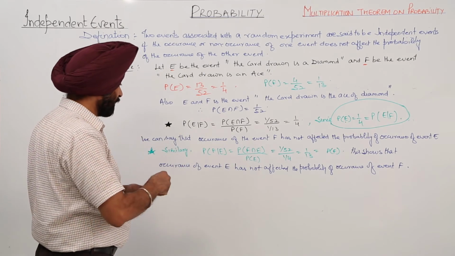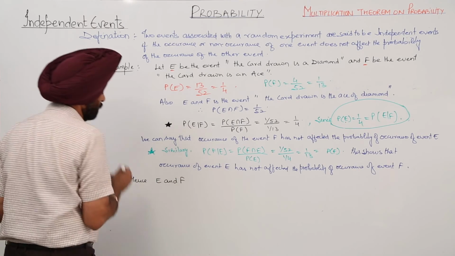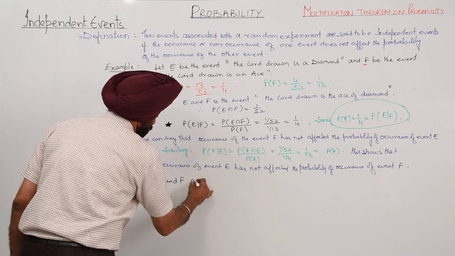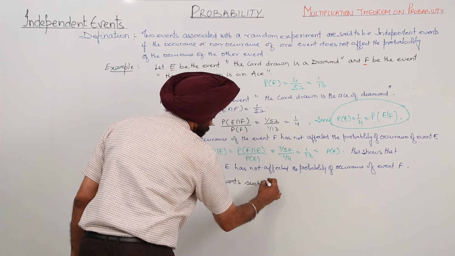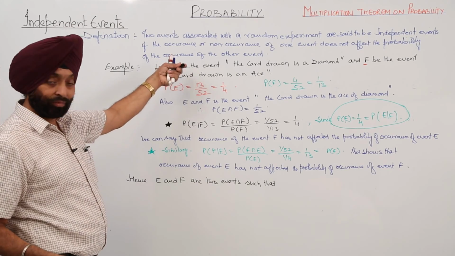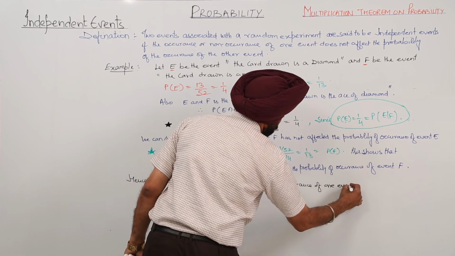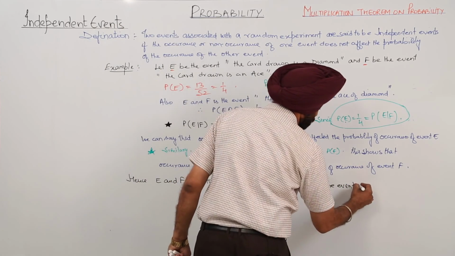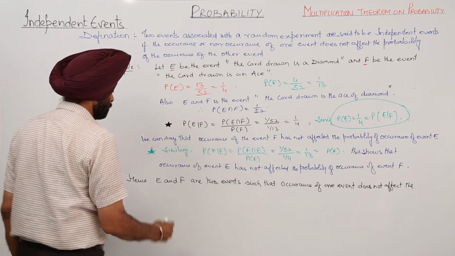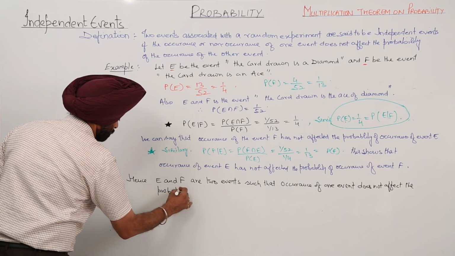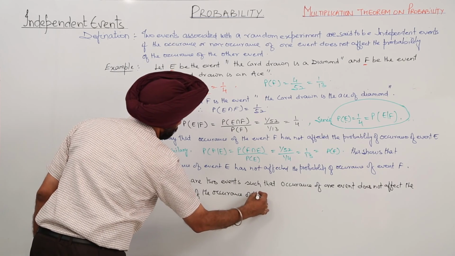Okay, so on the whole, what can we write? Hence E and F, we have taken two events, E and F are two events such that, coming from the definition, the occurrence of one event does not affect the probability of the occurrence of the other event.